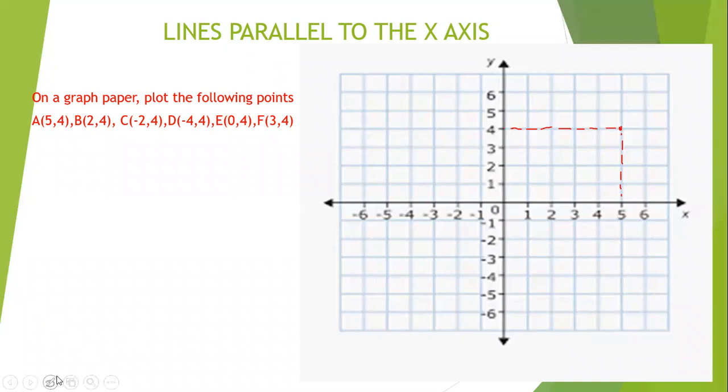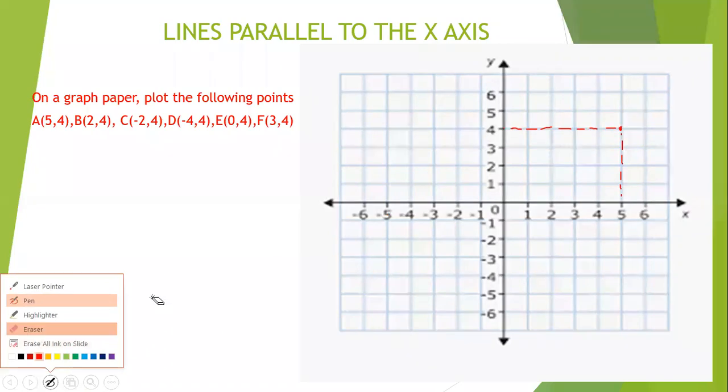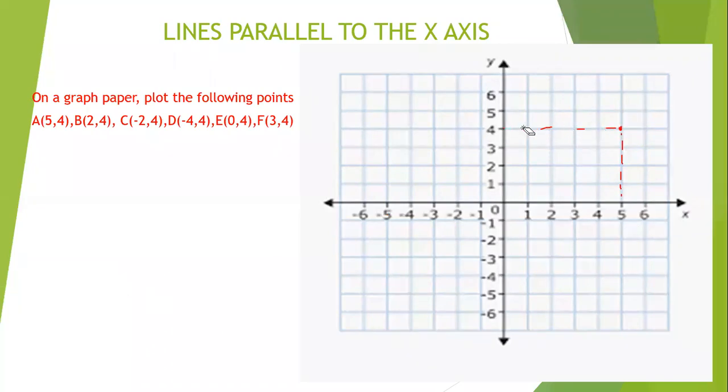So now I am just marking that point directly on the graph paper. Right? So we have point A over here. I'm writing the name of the point as point A. And the coordinates also, 5, 4.